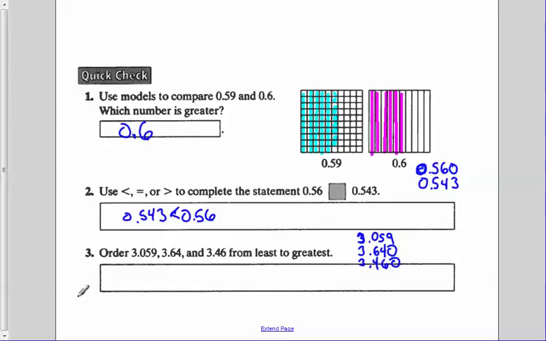Well, 0 is my least, so that must be my least number. So I've got 3 and 59 thousandths. That is my least. My next least would be 3 and 46 hundredths, because 4 is less than 6, and 3 and 64 hundredths would be my greatest.